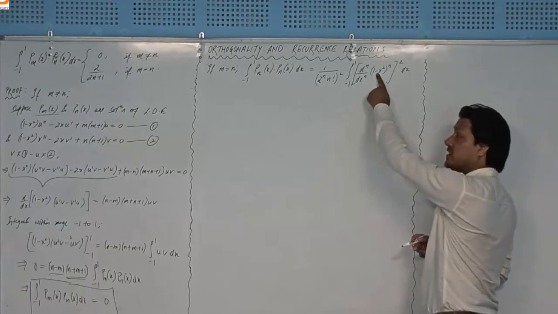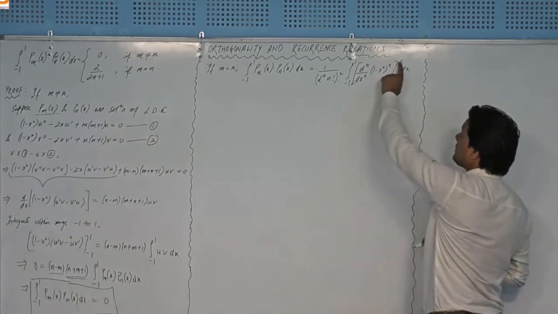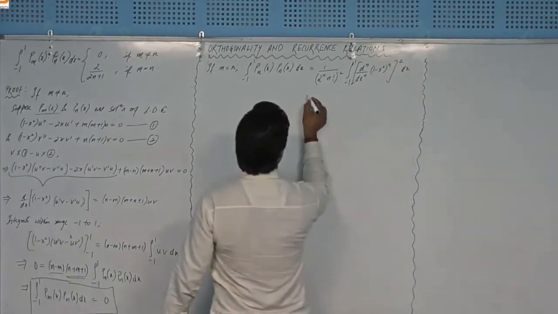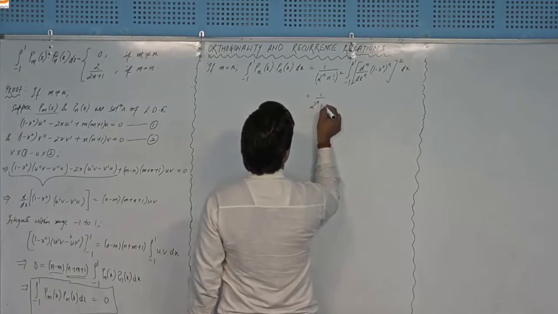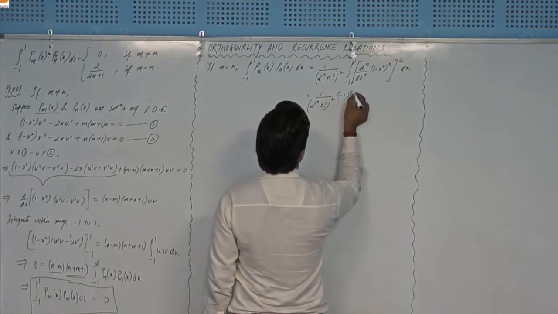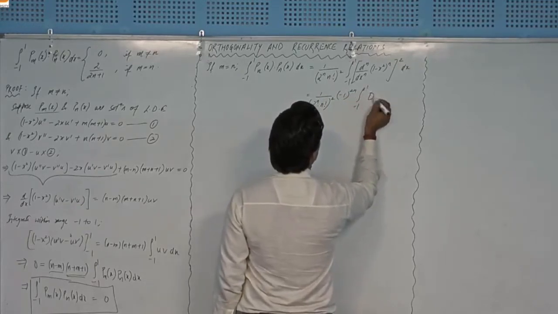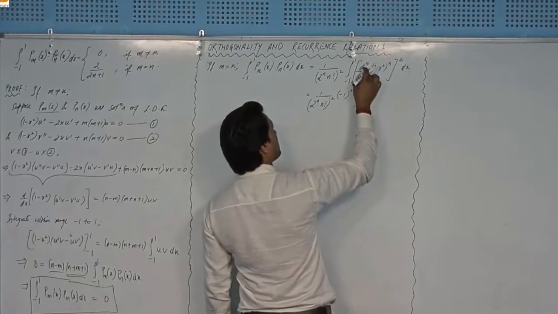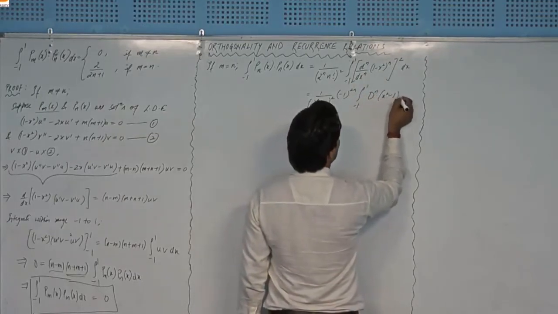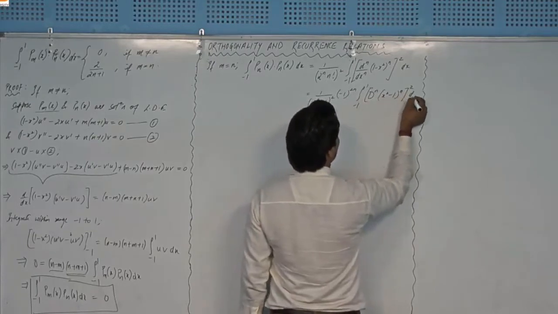Okay. And now what I will do, I will first try to take negative common out of this. If I take negative common, then minus 1 to the power n will be common, and since here we have square, ultimately it will be minus 1 to the power 2n. So that will give you 1 upon (2^n n factorial) whole square, and taking minus 1 to the power 2n common, we will be left with d^n by dx^n of (x square minus 1) to the power n whole square, right, dx.